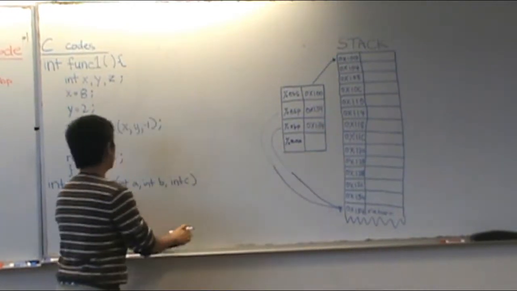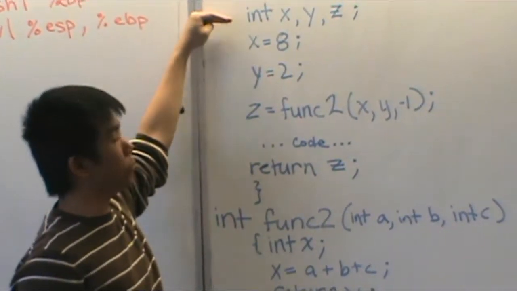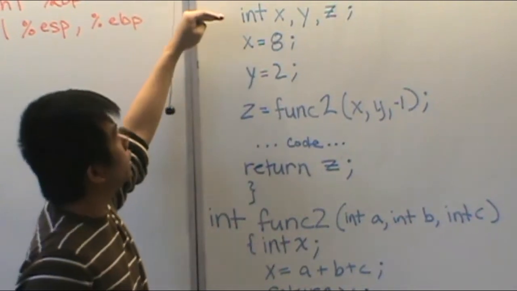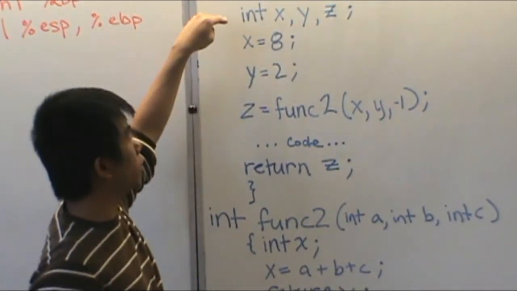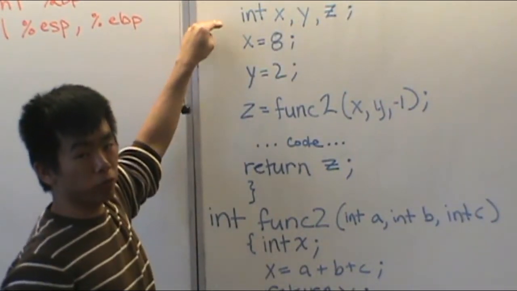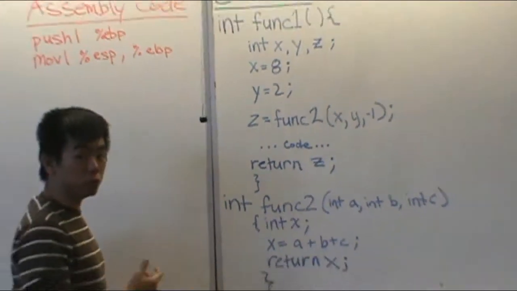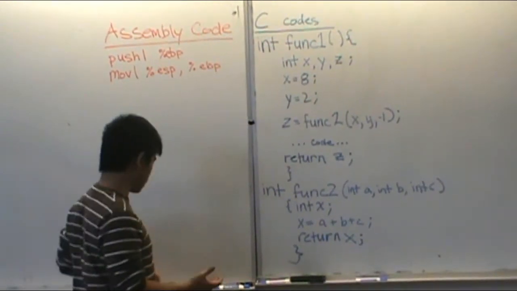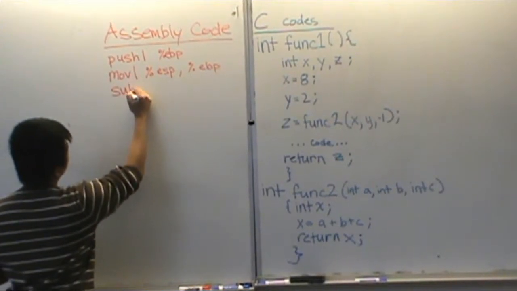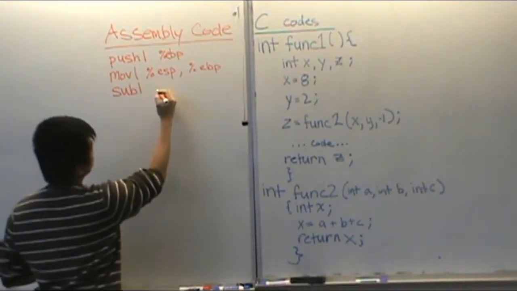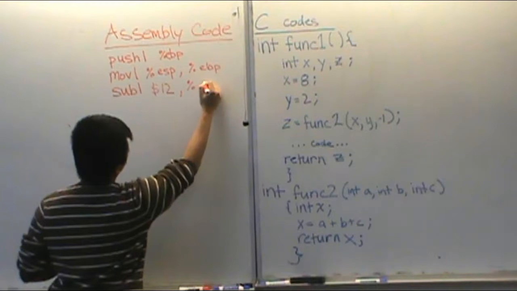Okay. Next, we have to declare the amount of space that we need for our local variables. Here we have 3 variables, x, y, and z, and each one of them is an int data type, which is 4 bytes. So to declare enough space for it, we use the subtract command, and subtract 12 from ESP.